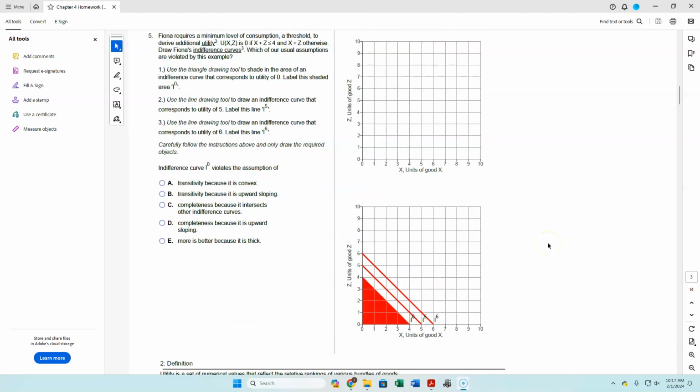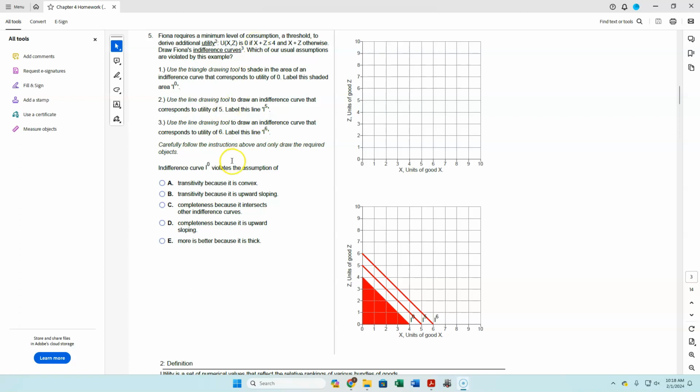Okay, let's look at number 5. So here we have our minimum level of consumption, and we're given parameters and told to draw the indifference curves.